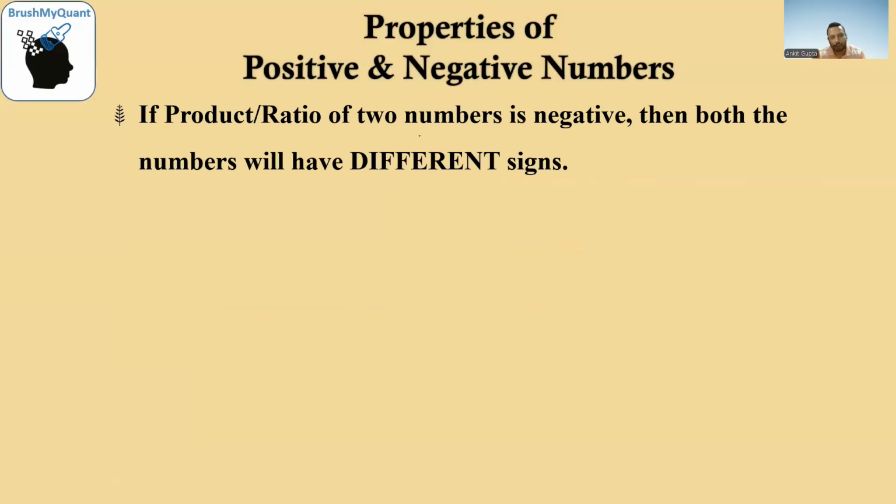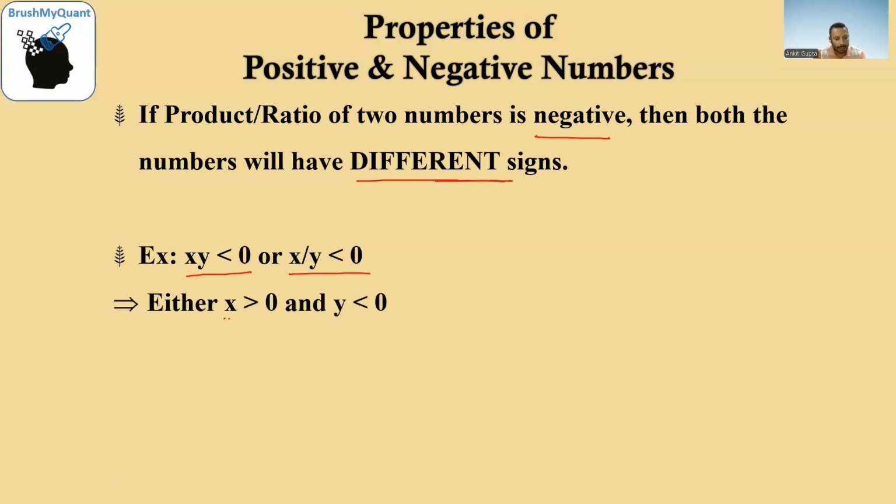Now, if the product or ratio of two numbers is negative, that means both the numbers will have different signs. Let's take an example. If x into y is less than 0 or x divided by y is less than 0, that means both the numbers will have different signs. So either x is positive and y is negative, or x is negative and y is positive. Let's take some values to understand this.